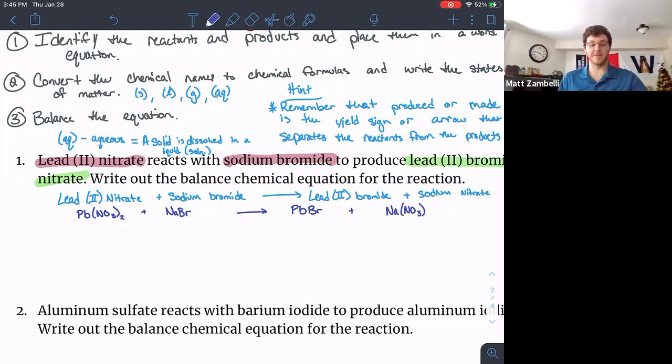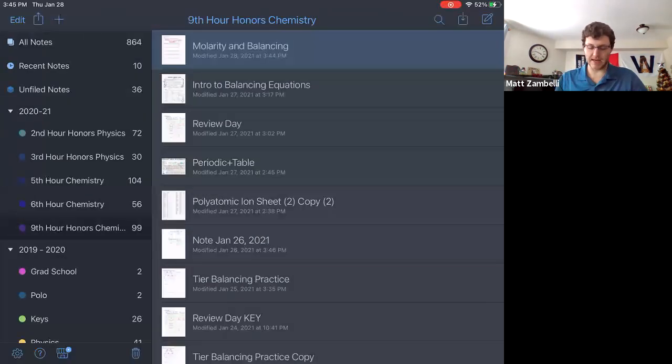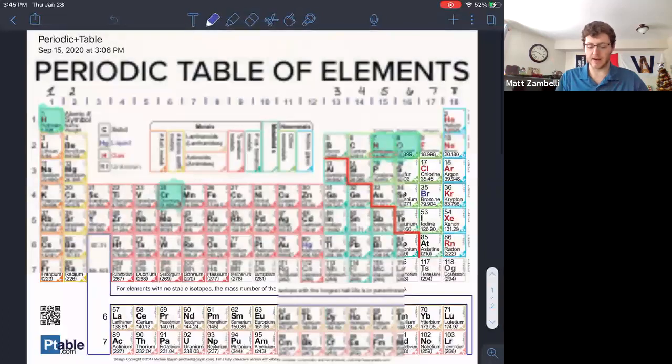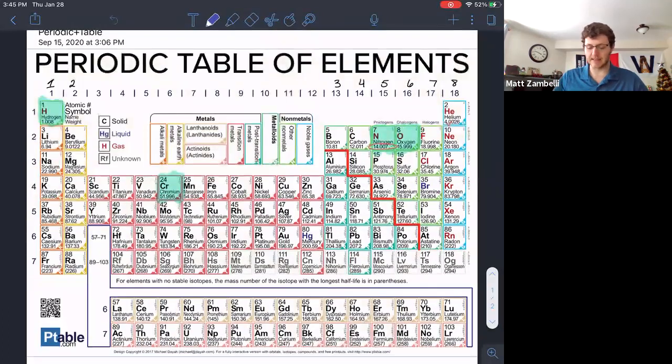The periodic table is a great thought. That one is not going to tell us much unless we're talking about gases, but it is one place we can look, because these guys over here are our gases, except for bromine. Bromine is a liquid.